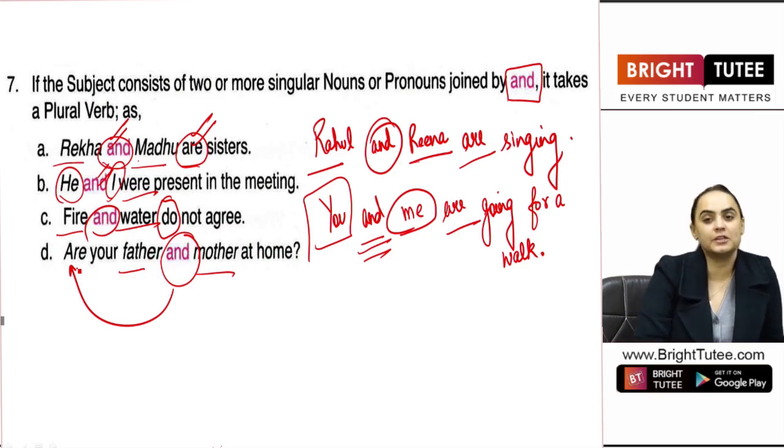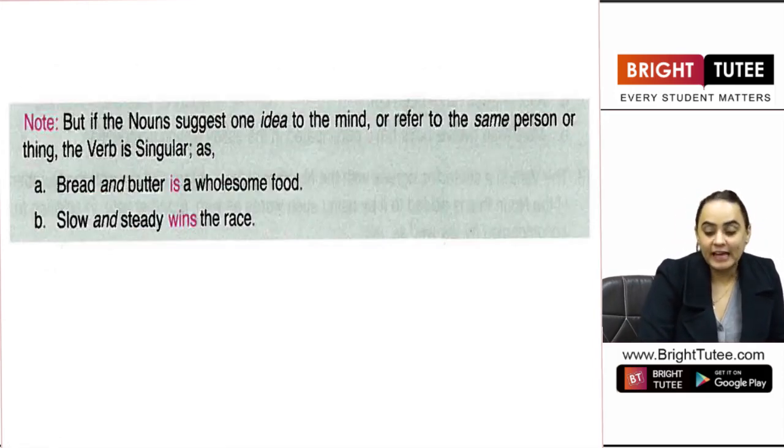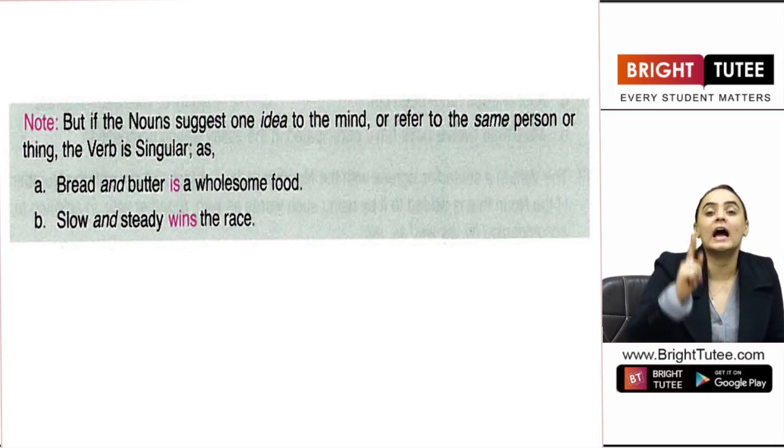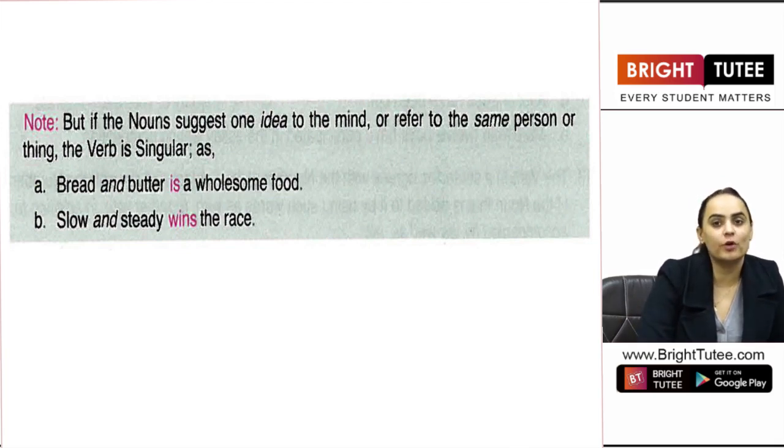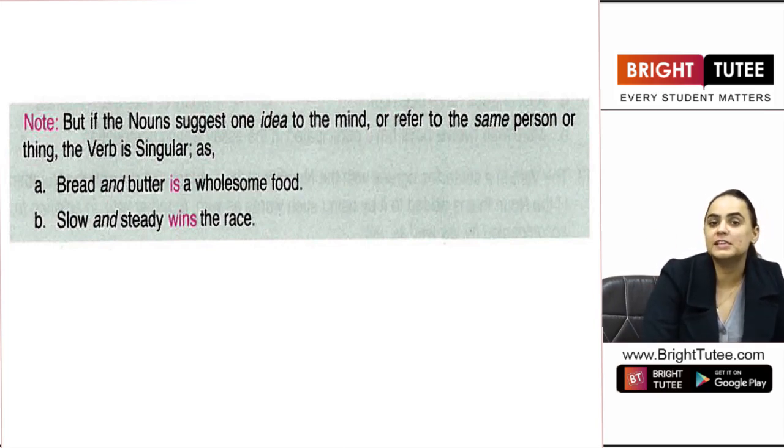So when two singular nouns or pronouns are joined with each other using "and," the verb is going to be plural in nature. Okay? But if the noun that is being talked about in that sentence is representing one idea, when you read those two words that are joined using "and," are one idea, are one representation, are the same person, are the same thing, in that case my verb will be singular.